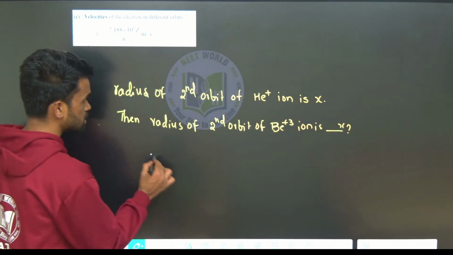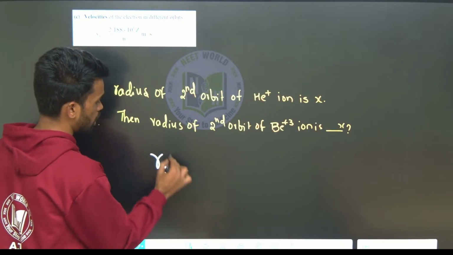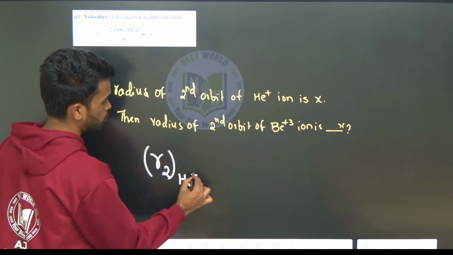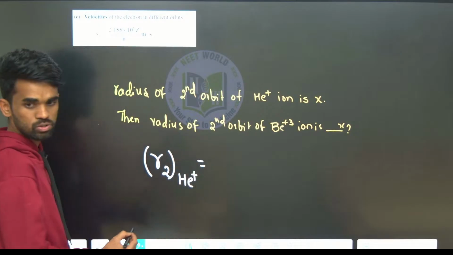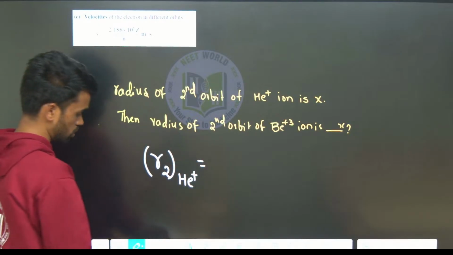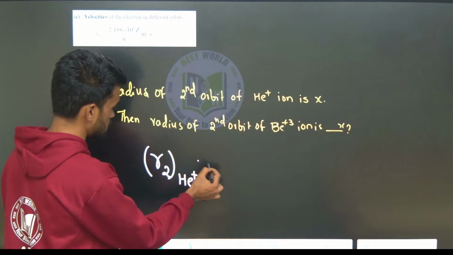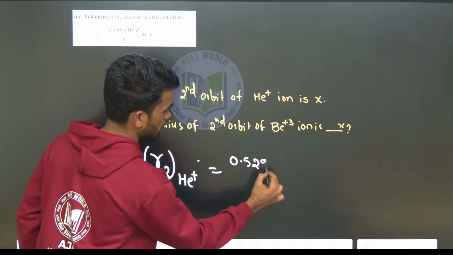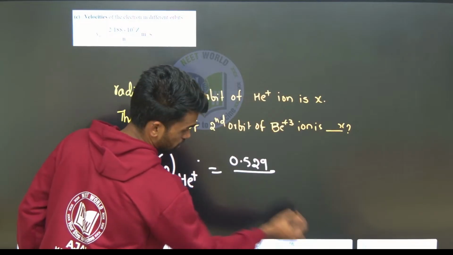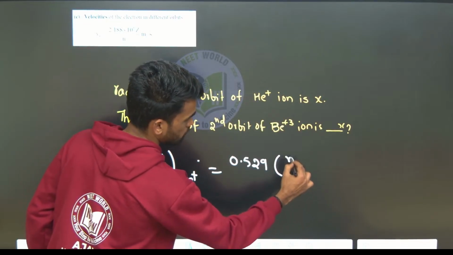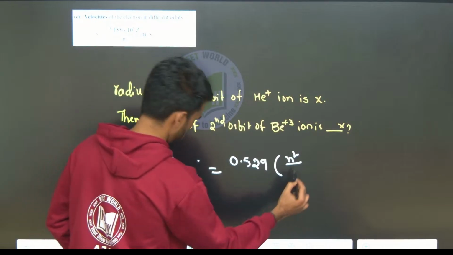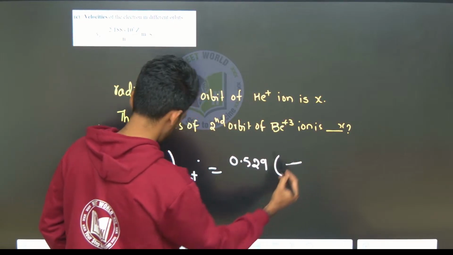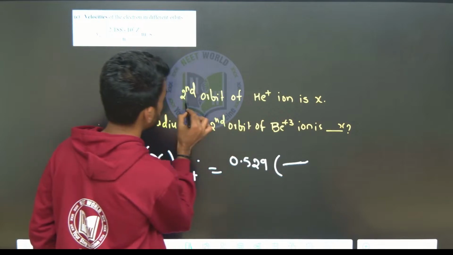See, the radius of the second Bohr orbit of helium plus. What is the radius formula I just told you? 0.529 into n square by Z. n square is how much? Second orbit, so 2 square, 4.